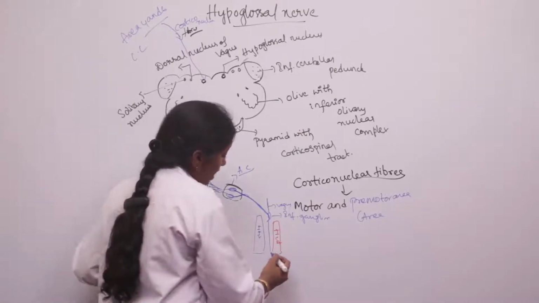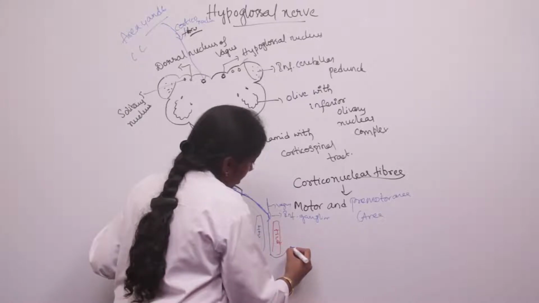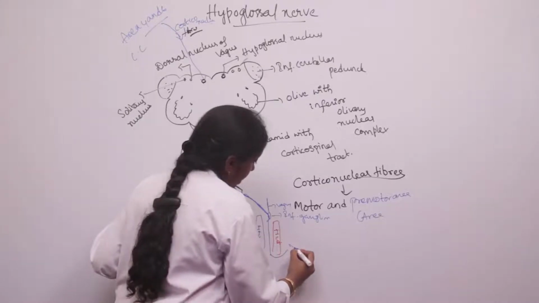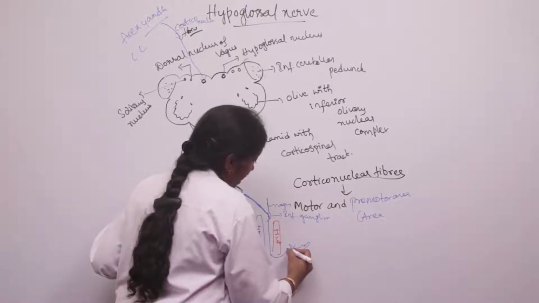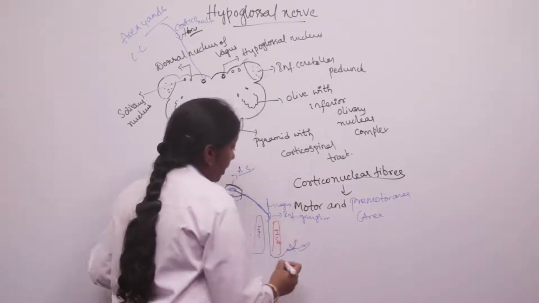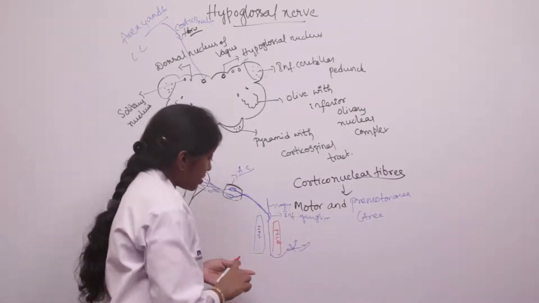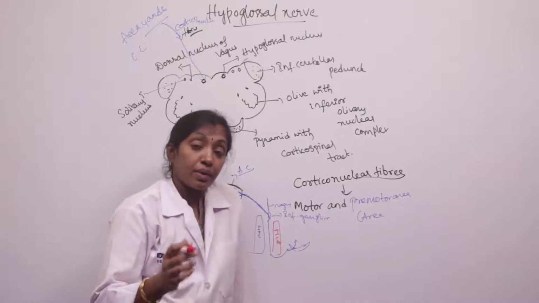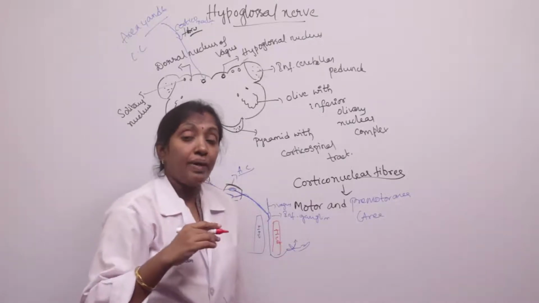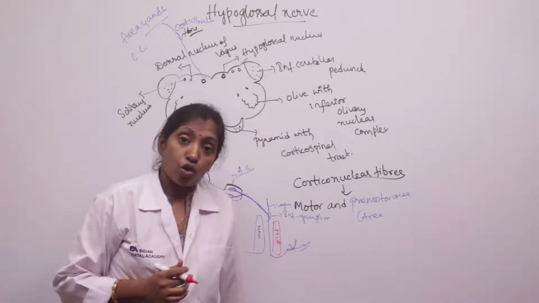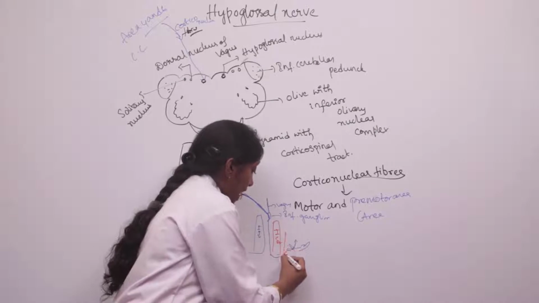Then this hypoglossal nerve passes across the hyoid bone. While passing across the hyoid bone, it spirals around the lower sternomastoid branch of the occipital artery.